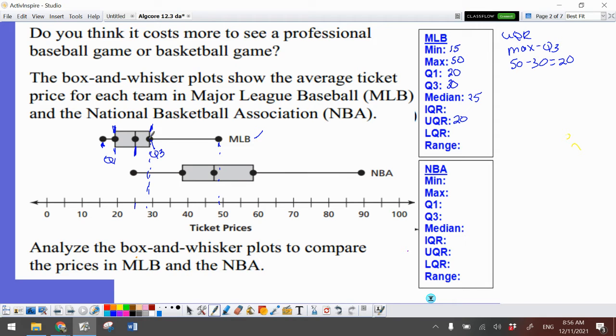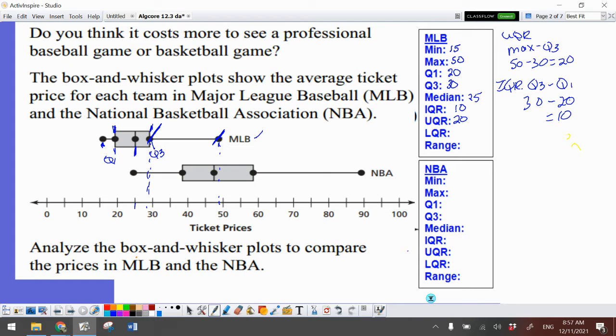So let's go back. The UQR is the length of the right whisker, which is our maximum minus our Q3. The IQR is the size of the box. So let's do that one next. The IQR is Q3 minus Q1. Q3 is 30, Q1 is 20, so my box is actually 10.